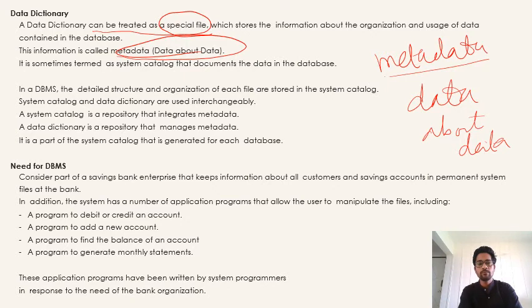Then we studied some traditional file-based approaches and their disadvantages, and to overcome these limitations we formed the DBMS, simply called the database management system. Based on this database management system we have to maintain some different data dictionaries also.